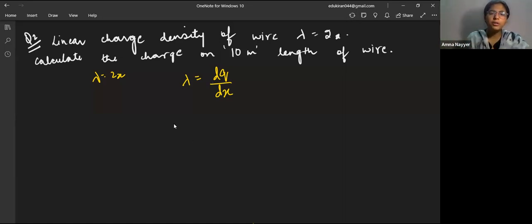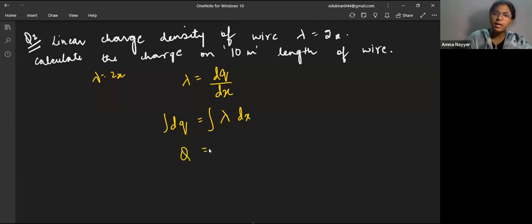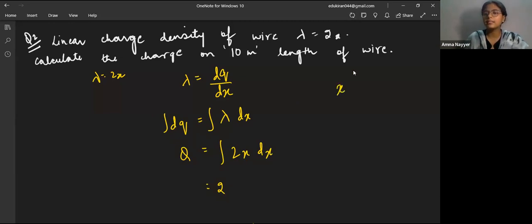So what will be dq? dq will be equal to lambda dx, integration. So the entire integral of dq will give you the complete charge that we are supposed to calculate. Lambda is given as 2x, dx integral. Now see, 2 is common, take it out. How will we integrate x?